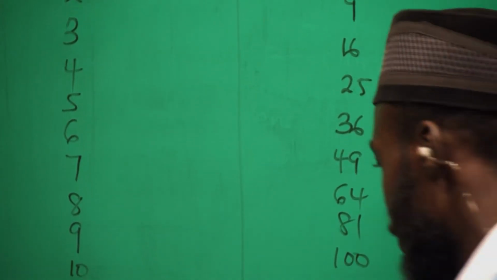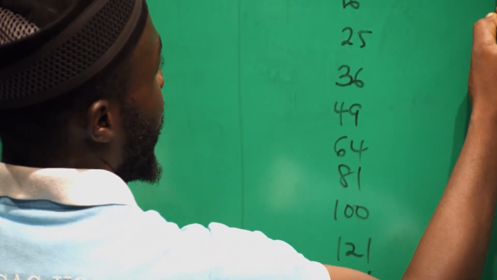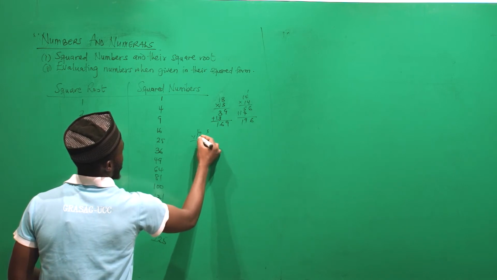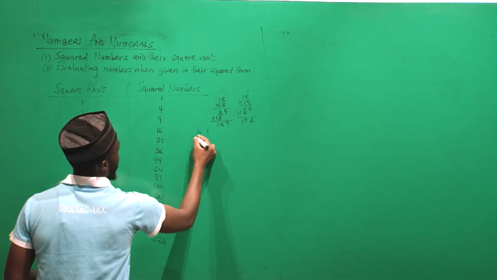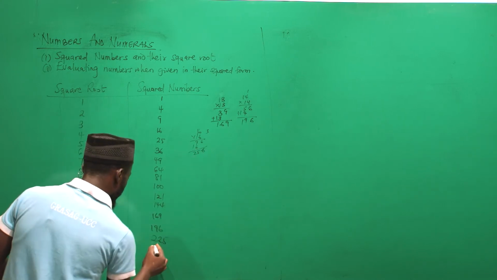Yes, stop work. So now let's go through. 16 by 16. 6 sixes are 36, carry 3. 6 ones are 6, plus 3, 9. 1, 6, 6. 1, 1, 1. 2, 5, 6.